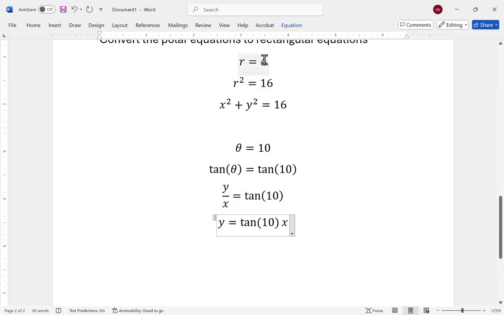So r equals a number gives us circles with that number as the radius, and theta equals a number gives me lines through the origin.